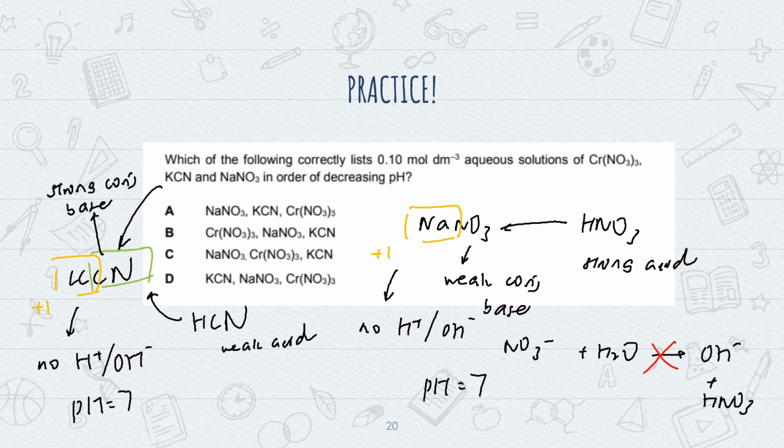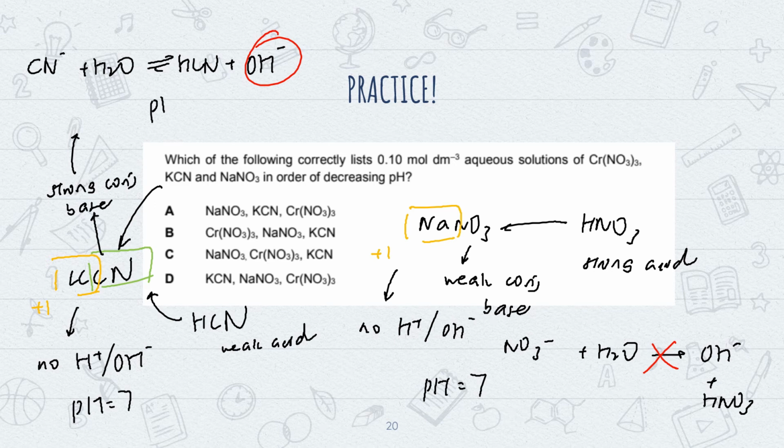Since it's a strong conjugate base, what can it do in water? CN minus is strong enough a base to deprotonate H2O to give you HCN and a bit of OH minus ions. Since OH minus ions are produced, the solution has a pH more than 7. That's why it will be alkaline.